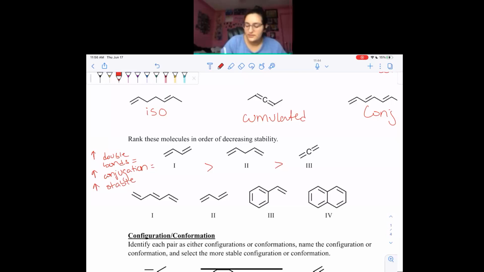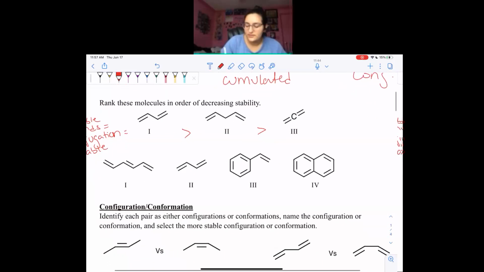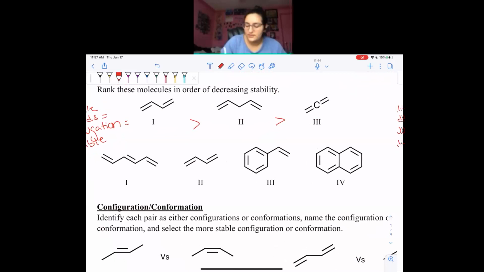Yes, awesome. A couple people said it. I'll give you 1 more second if you're still thinking about it while I sip my tea. And then we can go over it. Perfect. I'm going to zoom in just a tad. Here we have 3 double bonds, here we have 2, here we have 4, and here we have 5.